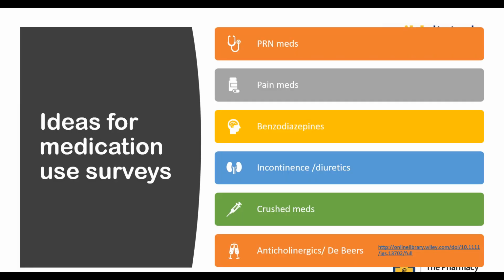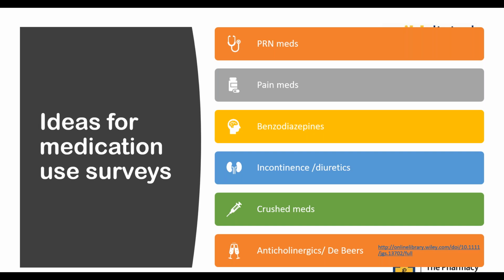So just some ideas. You can look at how often PRN medications are given. You can look at how often pain medicines that are PRN ordered are given. You can look at how many people are on benzodiazepines.